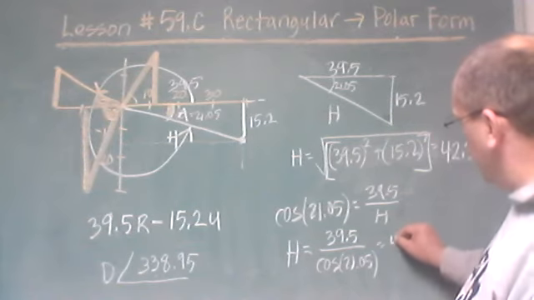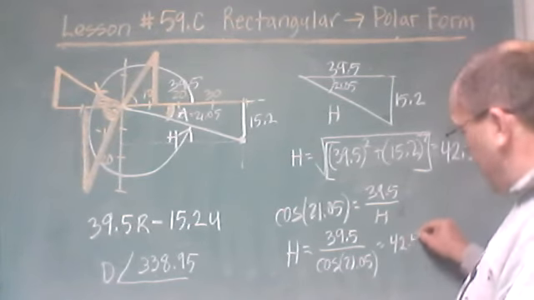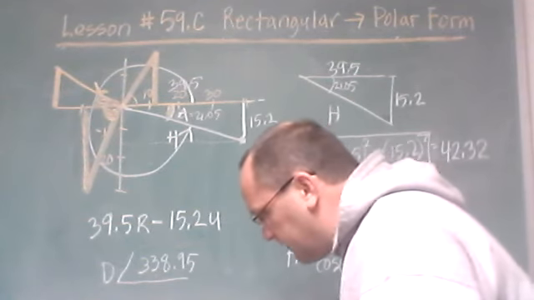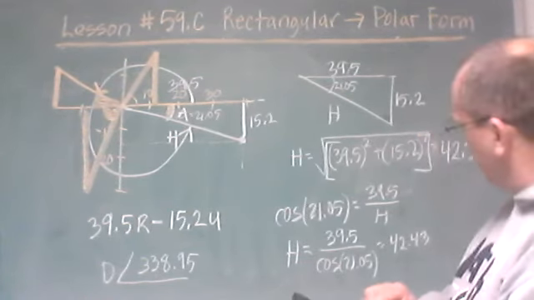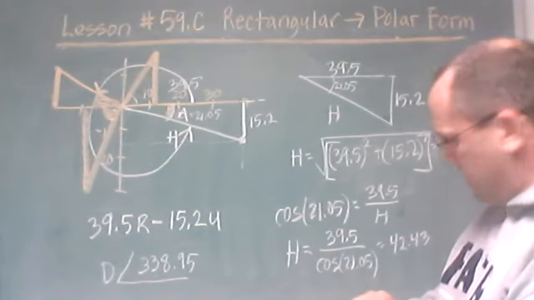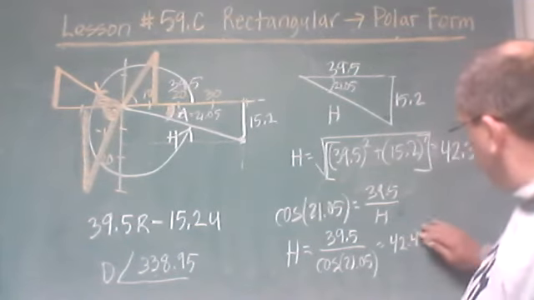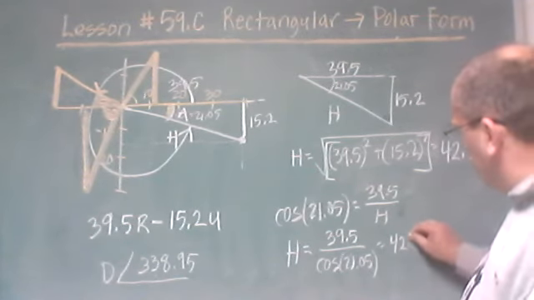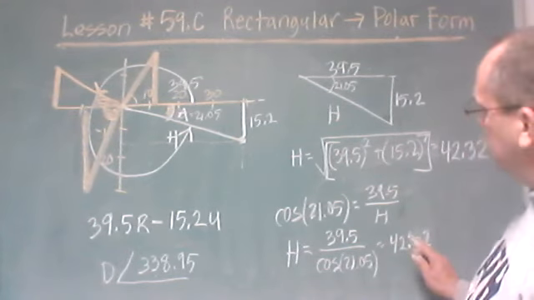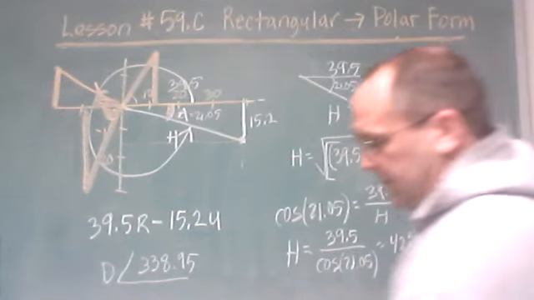I get 42.43. Is that what I got on the other one? Let me see that. 39.5 divided by cosine 21.05 equals 42.32. I'm sorry, I typed something wrong there. I typed something in wrong there too, but at least I wasn't off by a factor of 10. My decimal point was off a little bit.